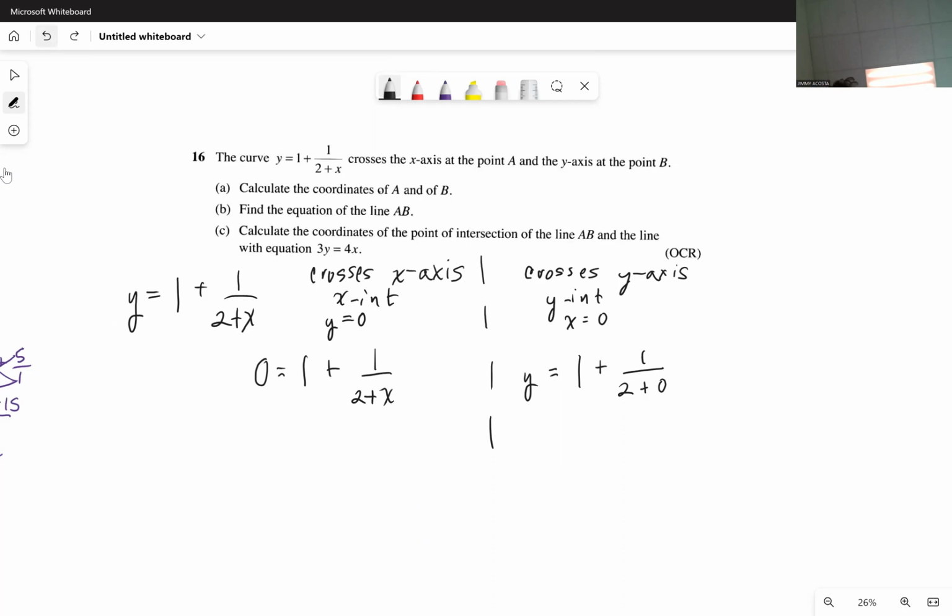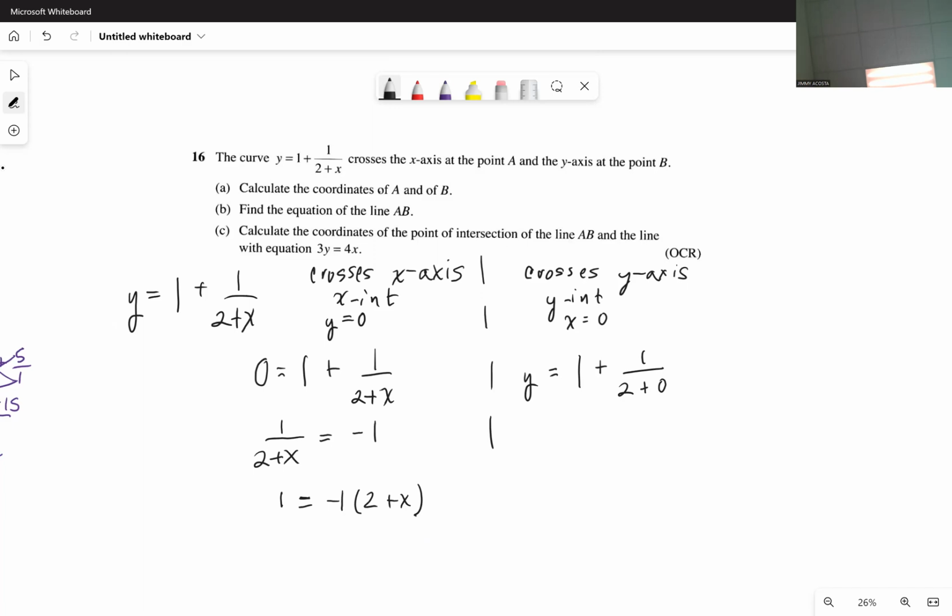Okay, here's what I would do. I would subtract the 1. There's a few ways to do it, but I would subtract the 1. Yes, that's the easiest thing to do. Don't complicate your life. And I actually would write it like this: 1 over 2 plus x equals negative 1. I would do that just because it's easier, just the way we were trained. And what would you do next? Yeah, you multiply 2 plus x by negative 1, and then you have negative 1 times 2 plus x.